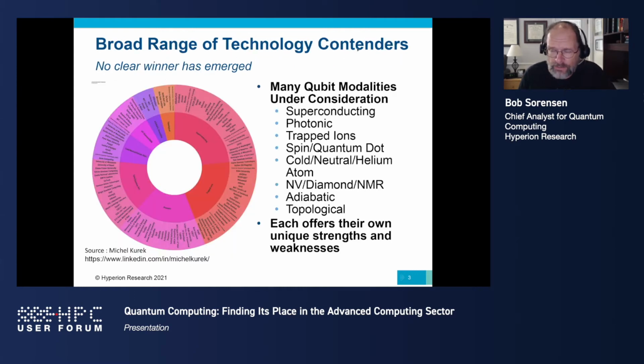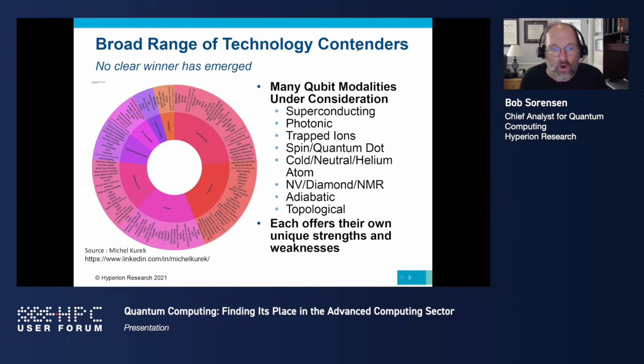I talked a little bit about quantum computing based on quantum phenomena such as superposition and entanglement. And right now there are many quantum modalities, the different ways that researchers can achieve the desired quantum phenomena to basically field qubits, quantum digits, if you will, the counterpart to binary digits or bits. And we call those different quantum modalities.